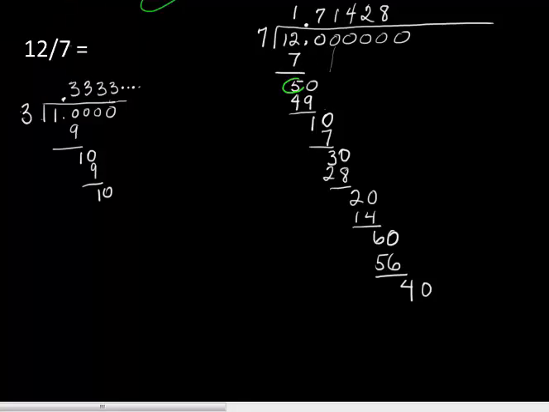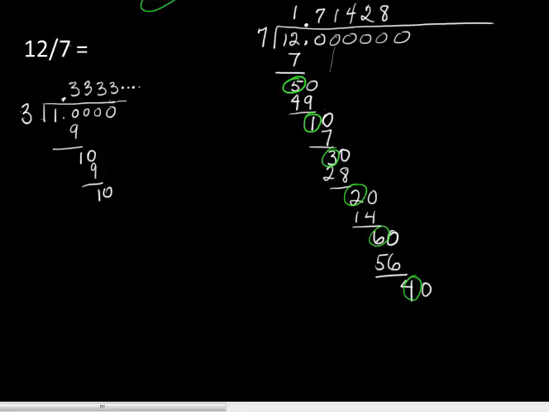First we had a remainder of 5, then we got a remainder of 1, then a remainder of 3, and then a remainder of 2, a remainder of 6, a remainder of 4. As soon as we repeat a remainder, it's going to start to repeat. Well, think of this. If you're dividing by 7, how many remainders can you possibly get? If you divide by 7 and it doesn't go in evenly, you only have 6 remainders. You have 1, 2, 3, 4, 5, 6. That's all. So we're going to start to repeat soon.